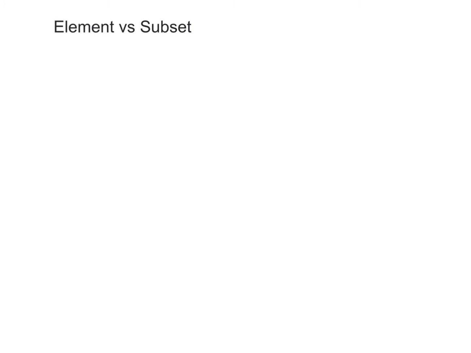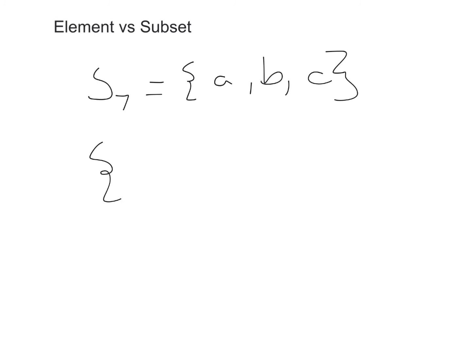So let me just try and clarify one more time. Let's suppose that I have a very simple set, S7, and S7 is the set {A, B, C}. And let's consider the set containing just A, which we'll call S8.